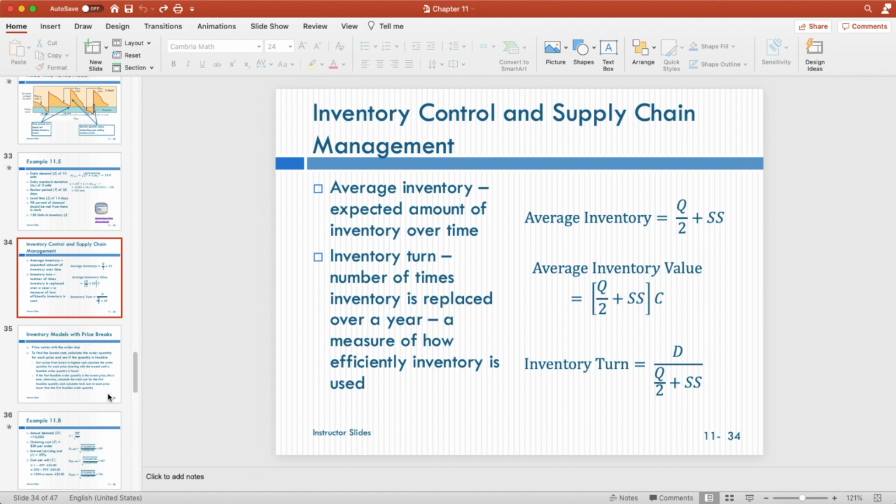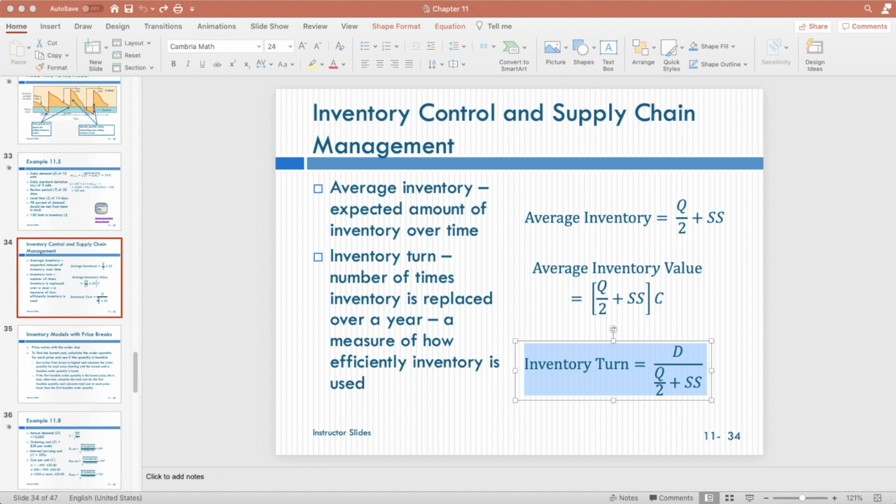This is the final equation. I show some of the procedure here, but this is basically the final equation. In the numerator, this is simply D. In the case that all of your market demand can be met by your production level, this D represents market demand itself, but it can also represent your production level.